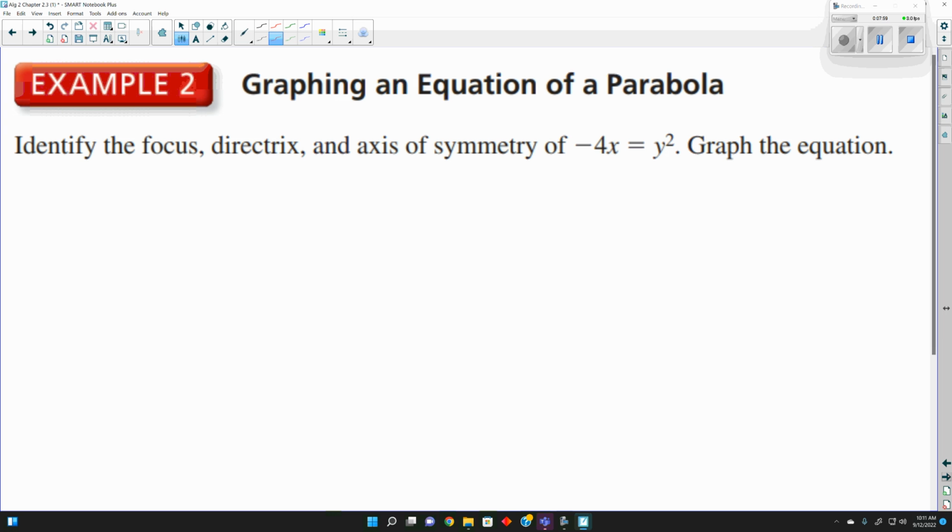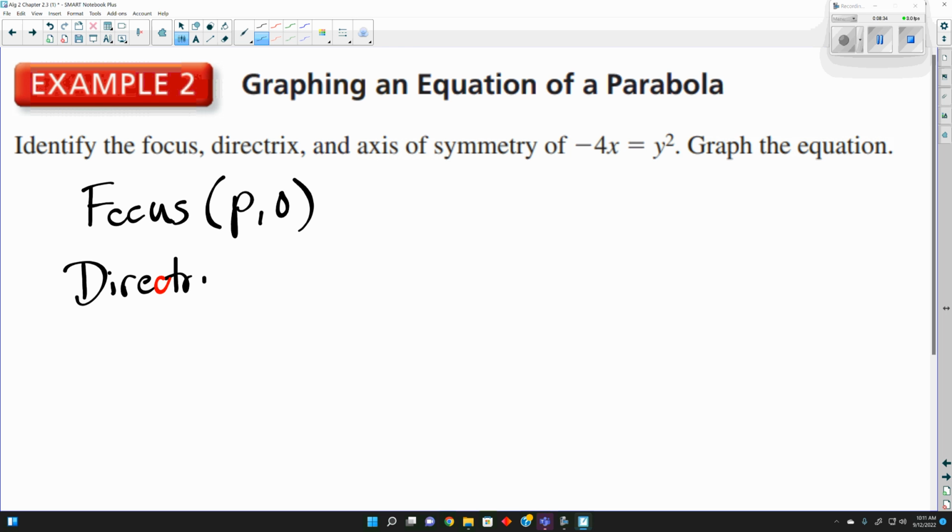Let's look at the first example. Identify the focus, directrix, and axis of symmetry. We're not graphing. We're identifying the focus, directrix, and axis of symmetry. What variable is being squared? The y is being squared, yes? So looking back to our general equation, the one that has y squared tells me that the focus is p comma 0.